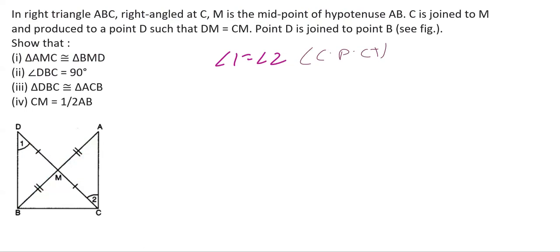Once these two angles are equal, look here: considering BC as the transversal, this line should be parallel to this line. The reason is that these are alternate interior angles. Angle 1 and angle 2 are alternate interior angles with respect to AC and BD.